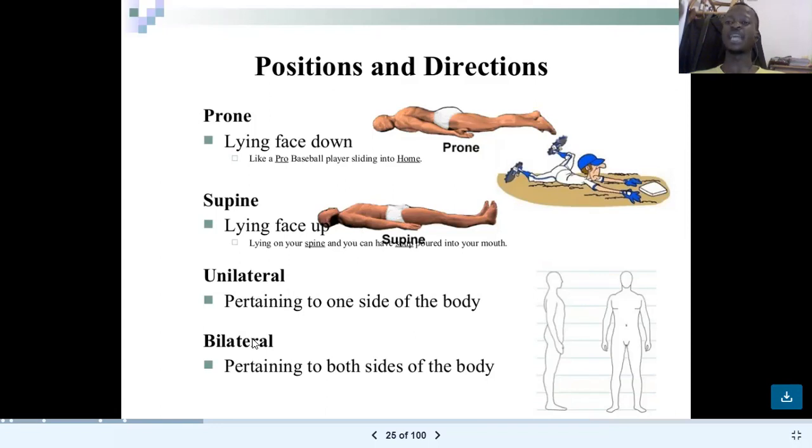Lesion-wise, you can have a bilateral lesion whereby maybe you're having a problem with a nerve or in the central nervous system. Then the effects are going to be spread on both sides of the body. That becomes bilateral, right?